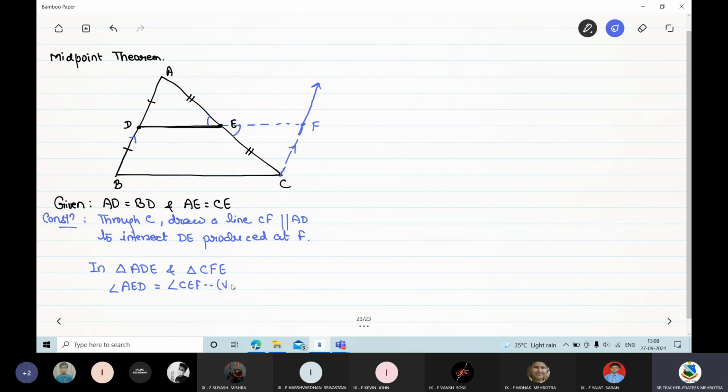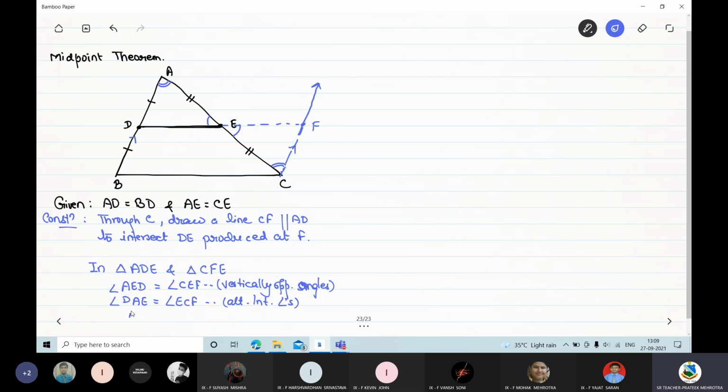They are vertically opposite angles. Then this angle here A will be equal to this angle here C, because it is forming a Z. These two are parallel lines, so they are alternate interior angles. So I can also say that angle DAE will be equal to angle ECF, and they are alternate interior angles.